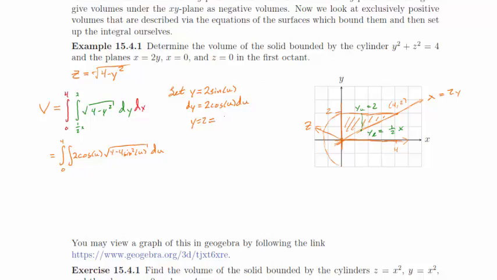So if y is 2, we get 2 equals 2 sine of u. Oh, no, not 0. That's when u is pi over 2, which is going to give me my greatest sine output of 1. So pi over 2 when y equals 2.